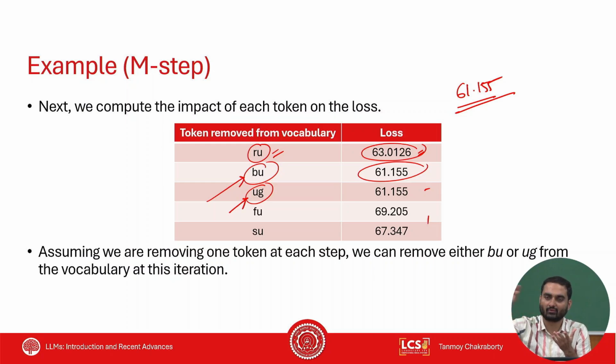Then from the vocabulary, I identify the token whose removal will not impact the loss or will least impact the loss. I can remove one such token at a time, or multiple tokens at a time. Once I remove this, again I modify the bigram.